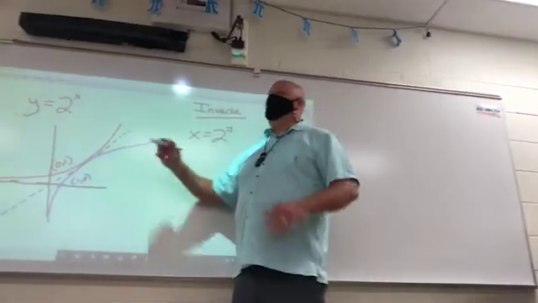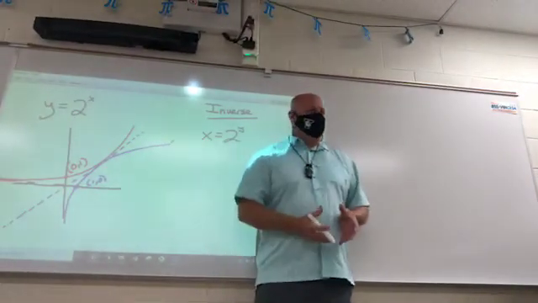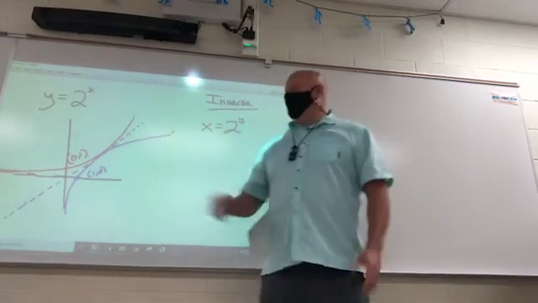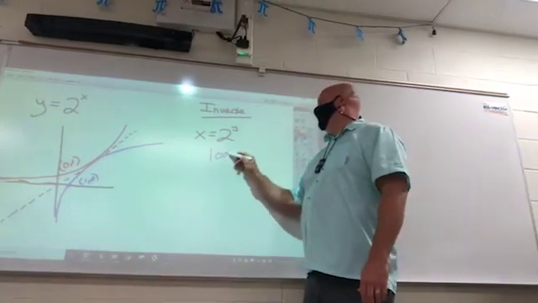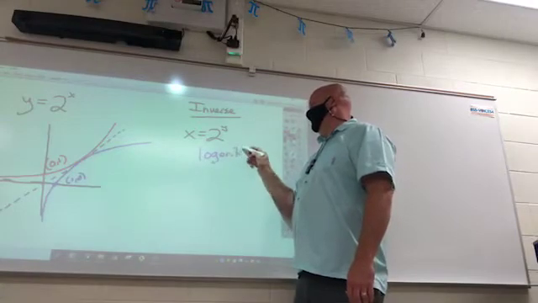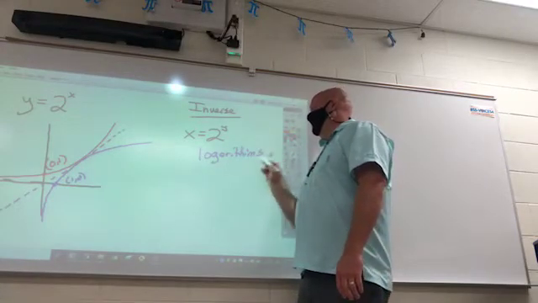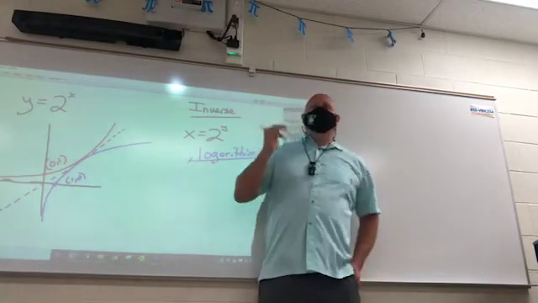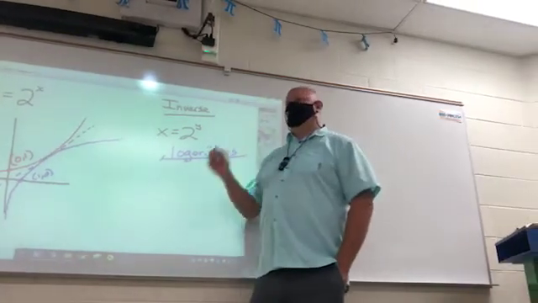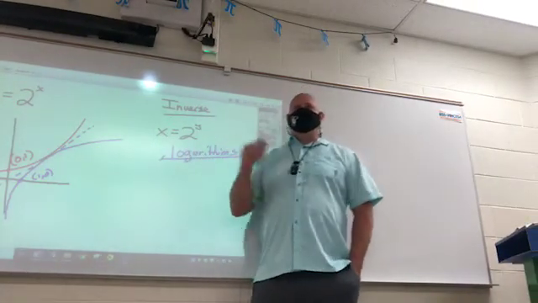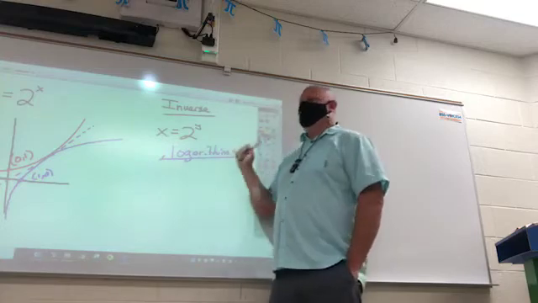This is where we need a new type of function. We call these logarithms. Now, one of the single biggest skills you need in this chapter is right here. This is where you're going to put a star in your notes.